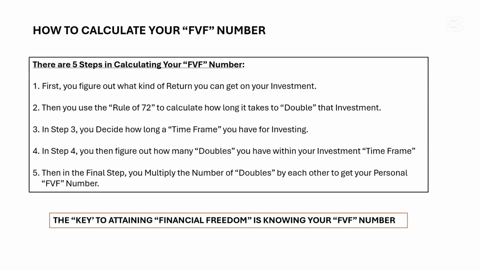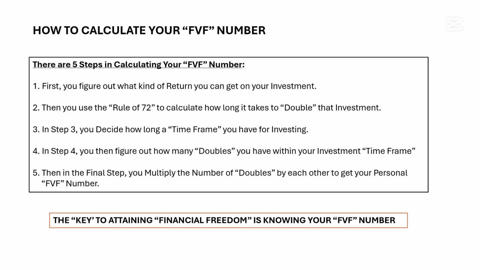So, how do you calculate your personal FVF or future value factor? There are 5 steps in calculating your FVF number. First, you figure out what kind of return you can get on your investments. Then, you use the rule of 72 to calculate how long it takes to double that investment.